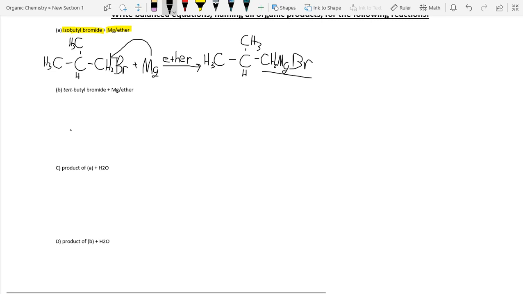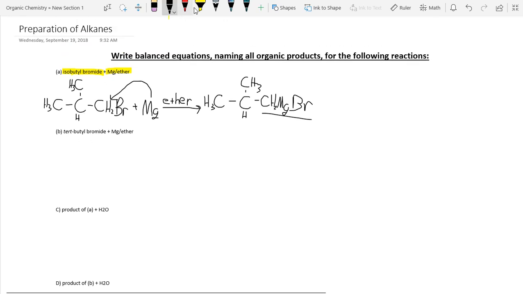Now what's going to happen if I have tert-butyl bromide? The only thing that's different in B from A is just the geometry of the butyl bromide. Tert is when your carbon here doesn't have any hydrogens, so it's just going to be with your bromide on here.